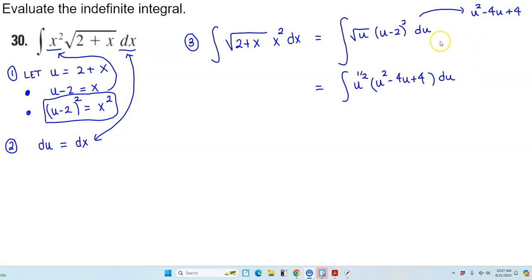Okay, so now to make this easier on us, we want to make sure that we write this all in terms. Right now this is all one term, but we want to distribute this. So when we distribute, remember, if we have the same base, we add our exponents. So this is going to be u to the 1/2 plus 2, minus 4 times u to the 1/2 plus 1, which is the same thing as 2 over 2, and then plus 4 times u to the 1/2.